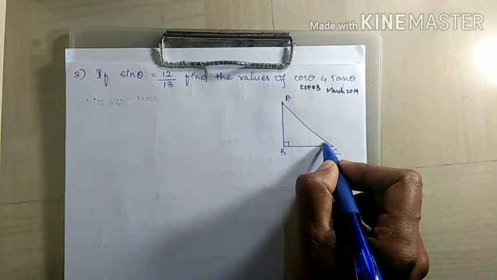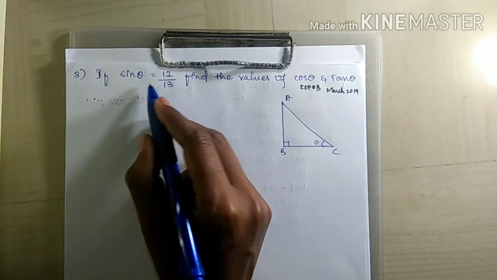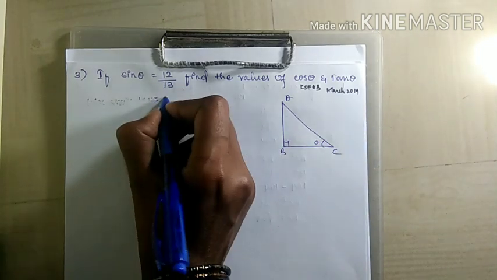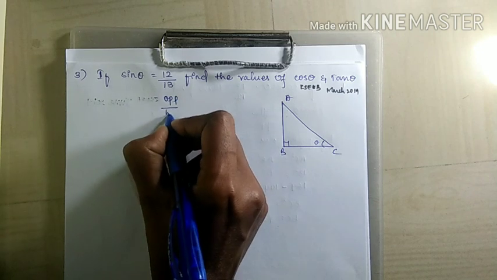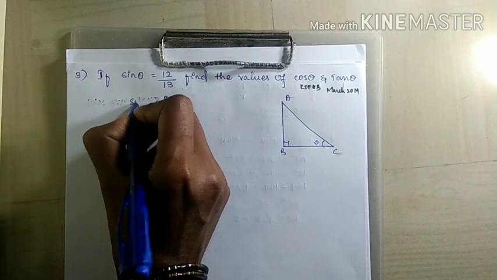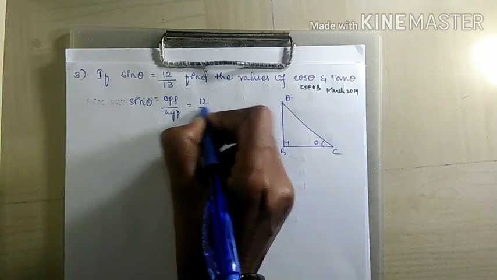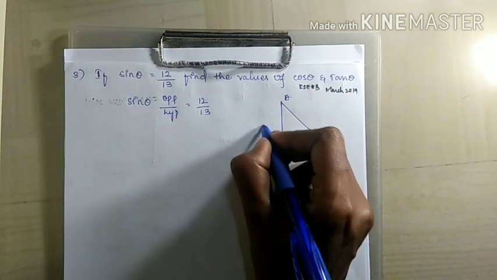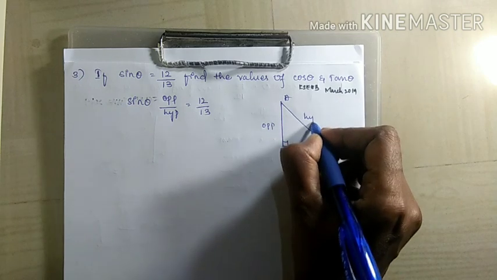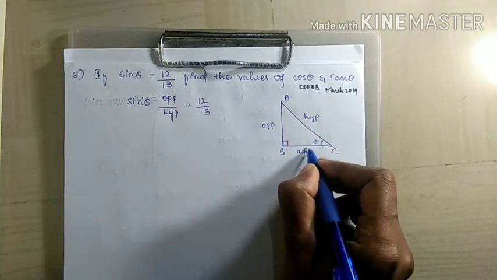ABC is a right angle triangle, and sine theta is nothing but opposite by hypotenuse. Sine theta equals opposite by hypotenuse, that is given as 12 by 13. So this is the opposite side, this is the hypotenuse, and this is the adjacent side.